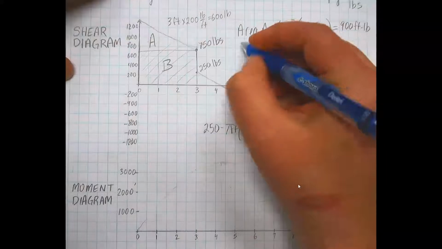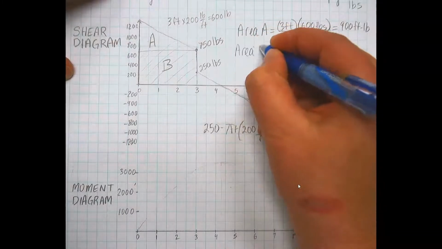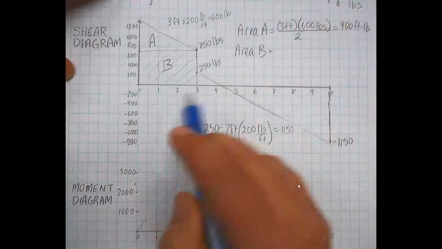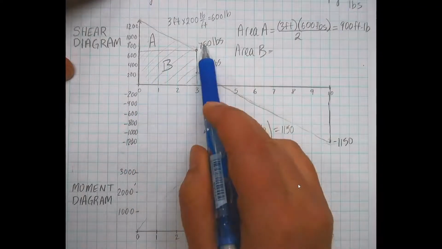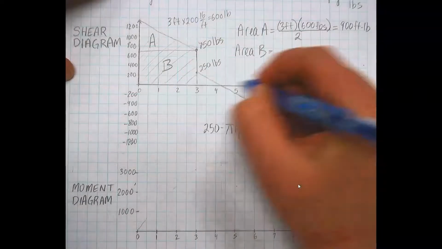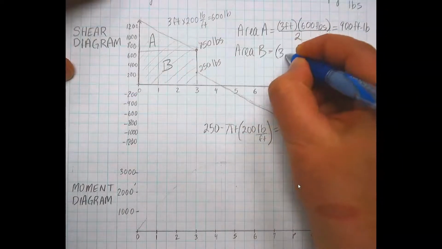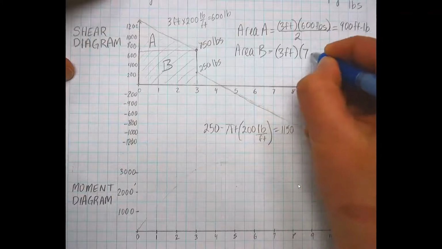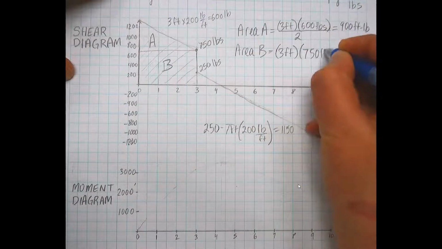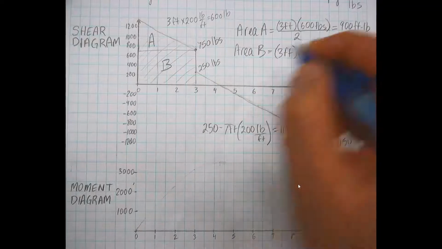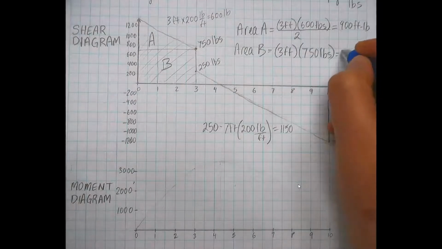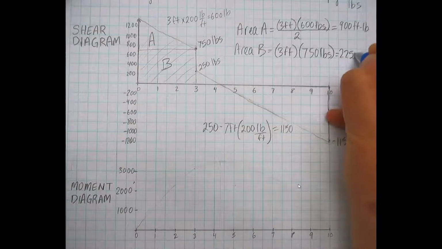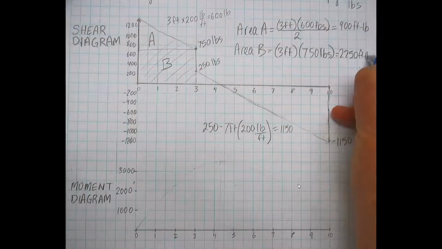Area B is going to be just this rectangle here. So base times height, 750 is the height, and 3 feet is the base. So just 3 feet times 750 pounds, and that is going to be 3 times 750, 2250 foot-pounds.